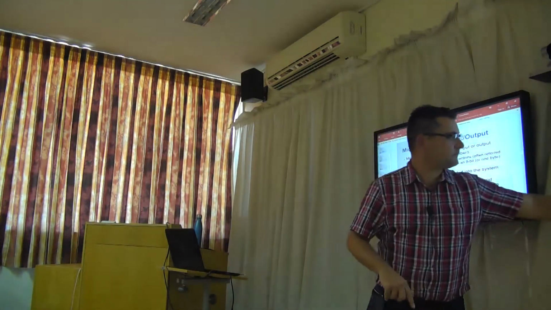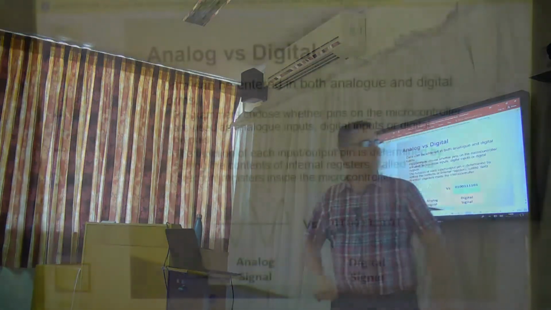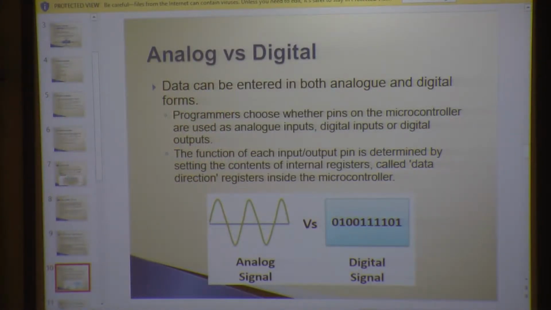Okay. So here's a quick summary of the two. Analog is just coming back to that sinus wave we looked at now, and digital signals are going to be a combination of zeros and ones. Off, off, off, on, whatever. Okay.